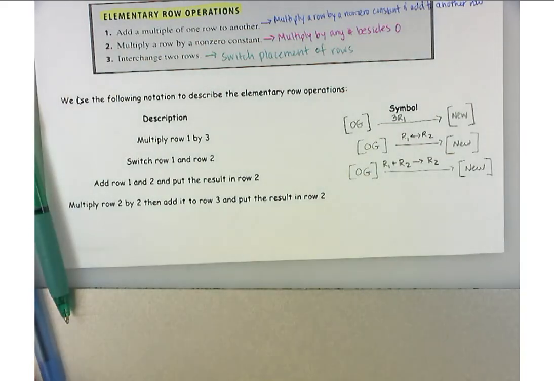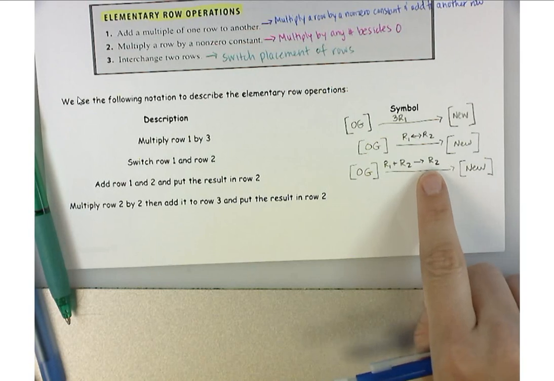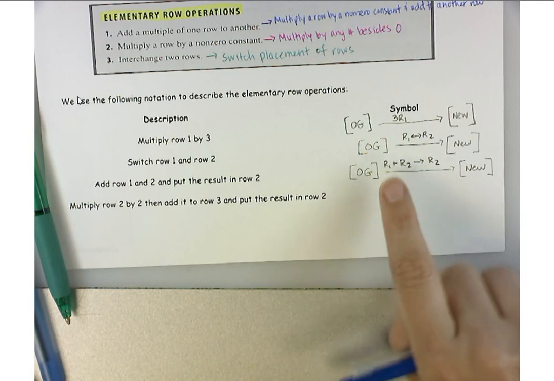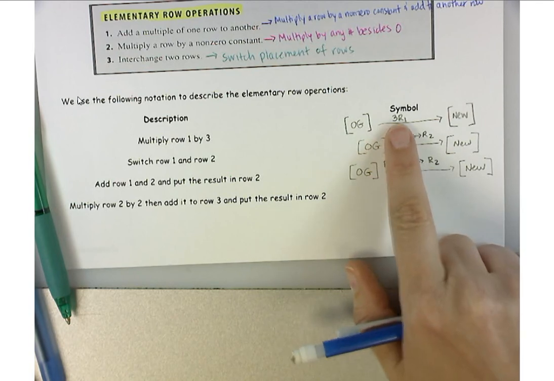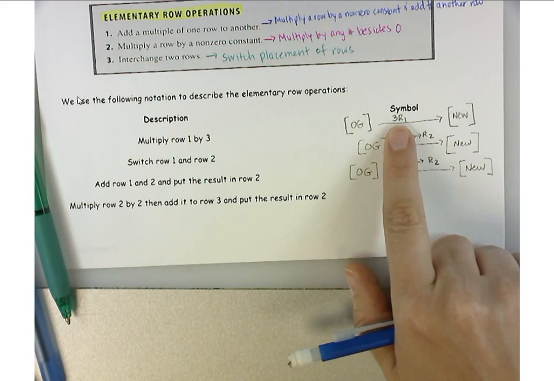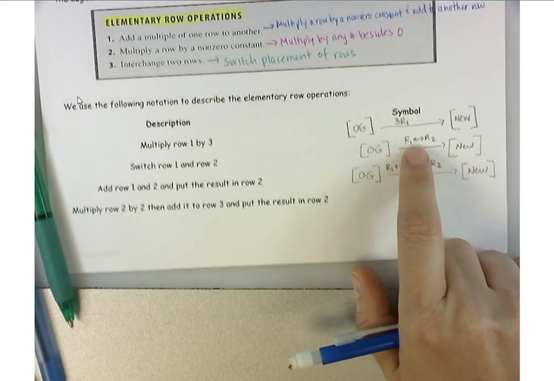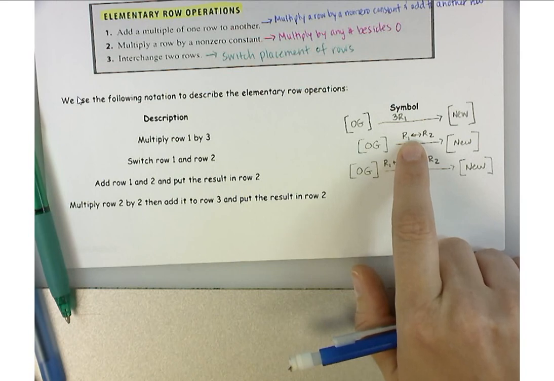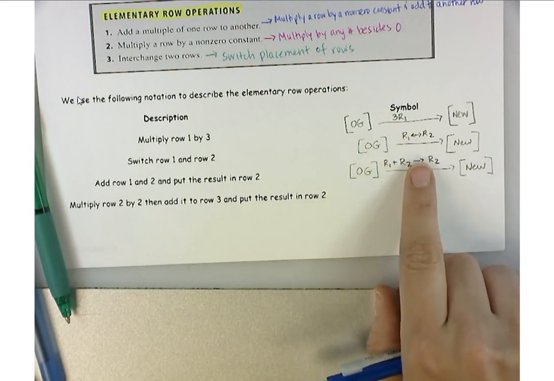When you're replacing a row, you have to let me know which one you're replacing, because technically you could put it in any row that you want to. The reason we don't do that with the others is because if you're multiplying row 1 by 3, that's just going in row 1, and if you're interchanging two rows, you're just switching their place. It's for ones like these where you have to tell me where it's going to go.